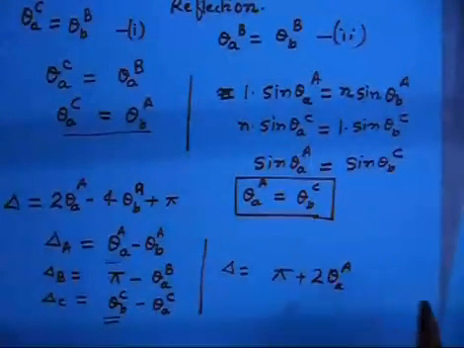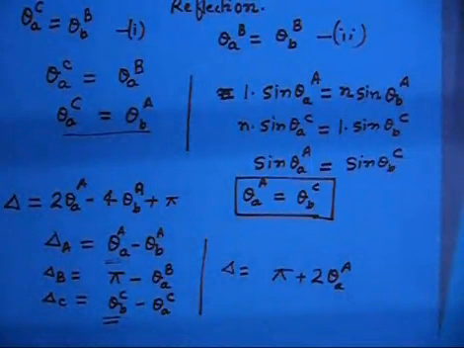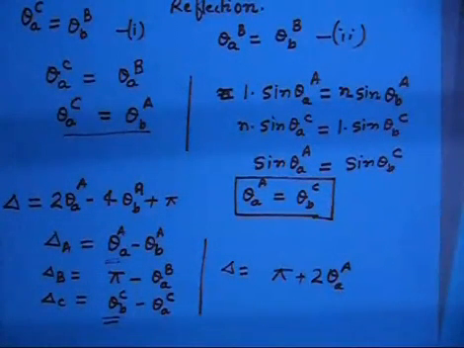Now these 3 angles are basically equal. So I should get one more time because I have 4 times theta b at A. So should I get one more theta? Where should I get? Oh okay, good.